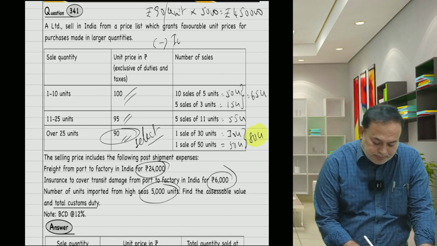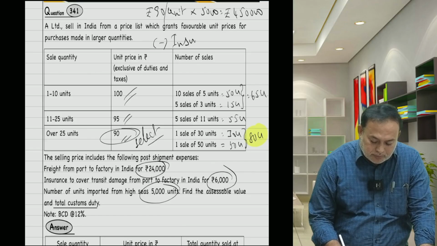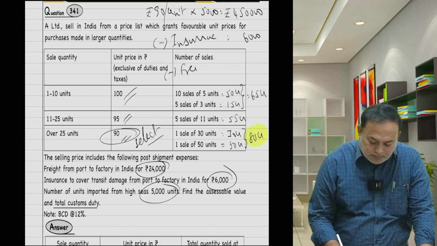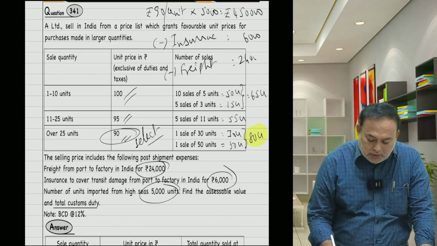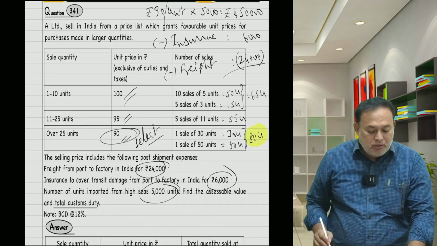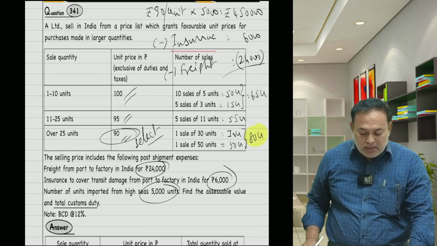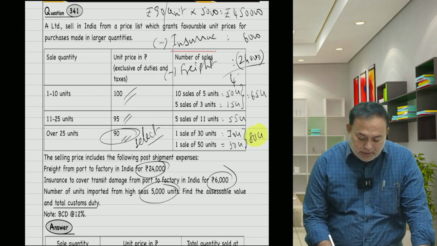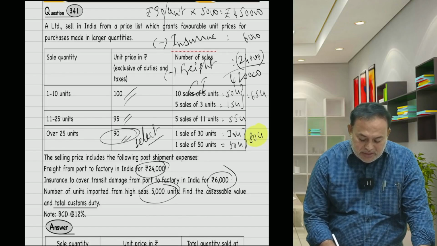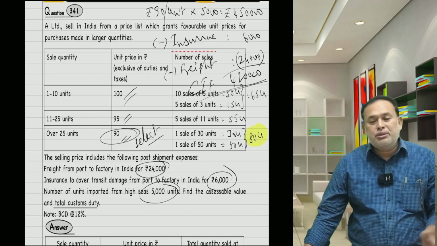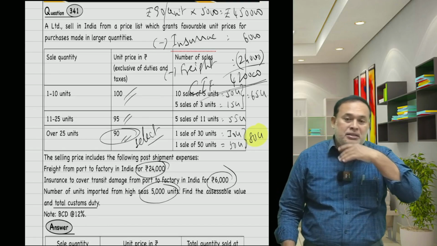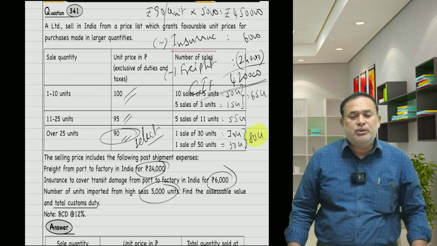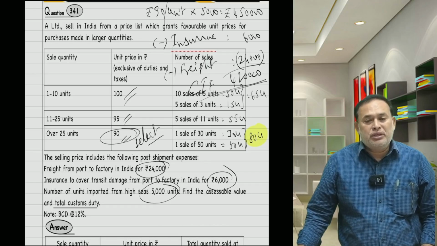Insurance, how much? 6,000. Freight, post shipment, 24,000. Then from that you deduct 6,000 insurance and 24,000 freight, totally 30,000. You will get 4,20,000. The sale price means after adding all this you have the full value. From that post shipment deducted, the balance is the value of imported goods, 4,20,000, from high seas.